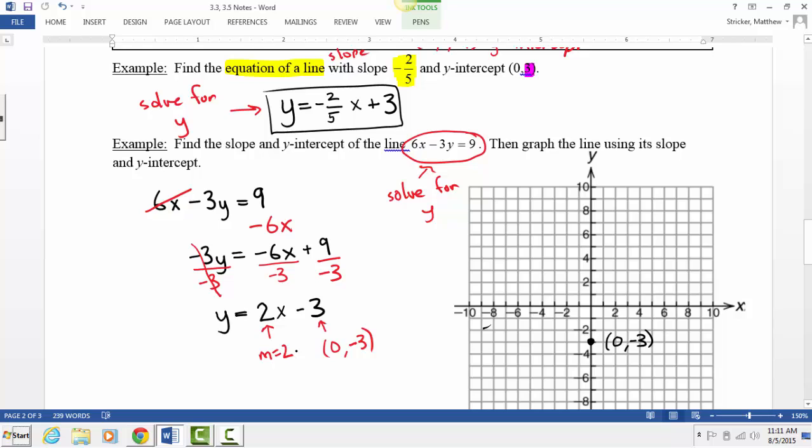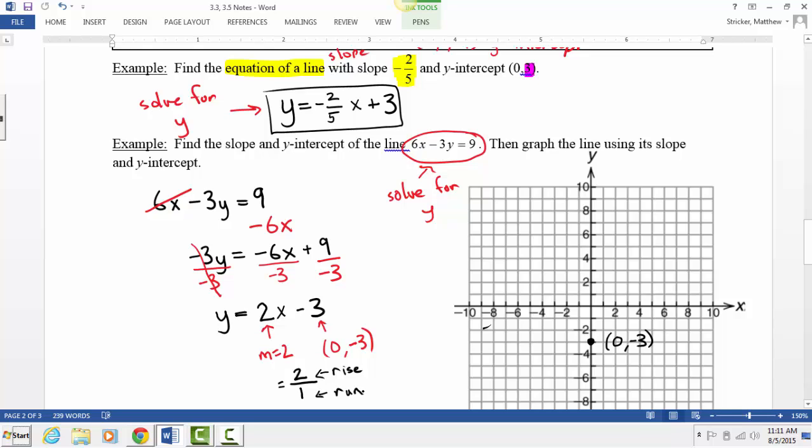Now, usually we think of the slope as a rise over run, but 2 is not a fraction. So I can turn it into a fraction by putting it over what? Over 1. So the rise is 2 and the run is 1.